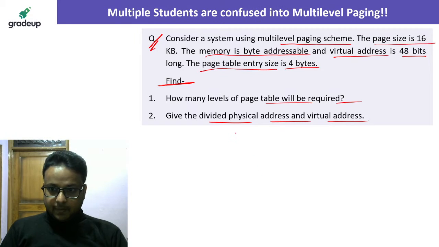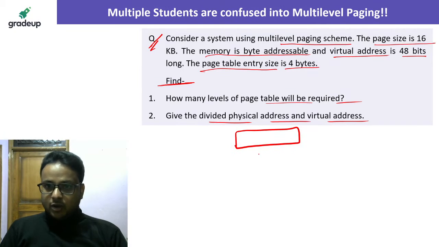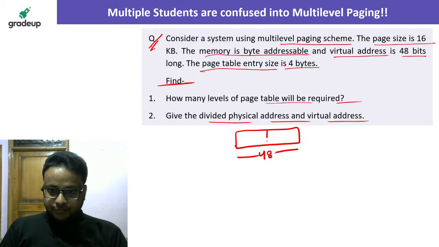They have given the logical address and virtual address, both the same, 48 bits, and they have given the page table entry size equal to 4 bytes.